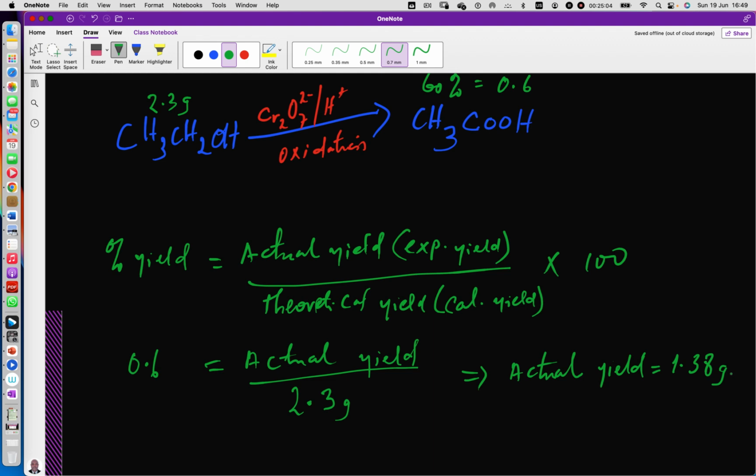Let me check the calculation: 0.6 times 2.3, yes, 1.38 gram. So it is 1.38 gram.